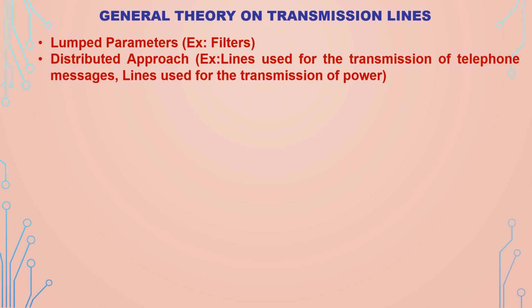Right. Now, before proceeding with the transmission line theory concept, we have to know what are called lumped parameters and the distributed approach. Whatever components we see in our lab, for example, a resistor can be asked for as a 1 kilo ohm value, a capacitor of 1 microfarad, an inductor of 1 Henry.